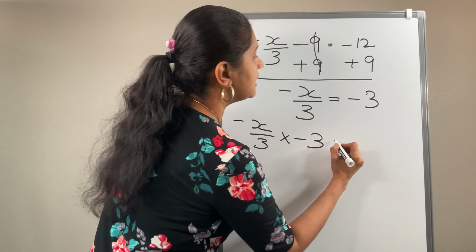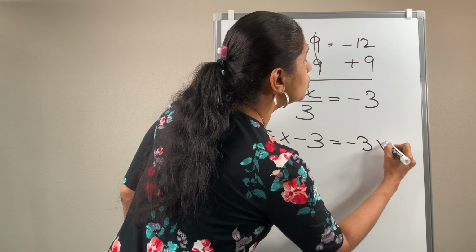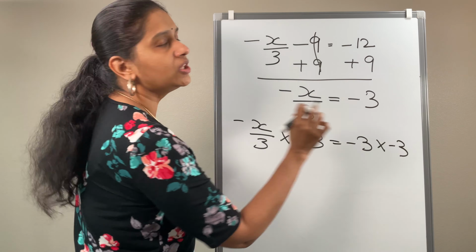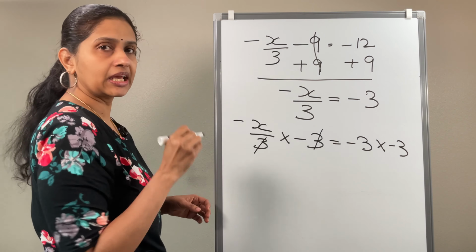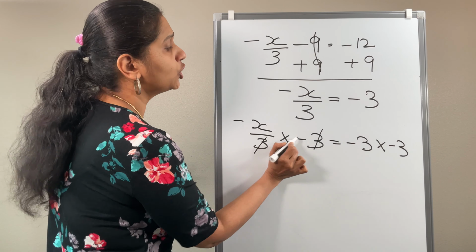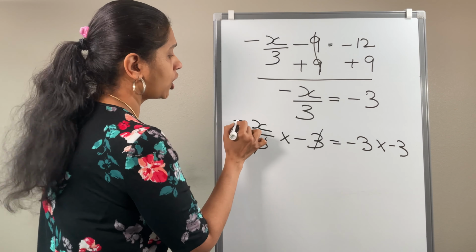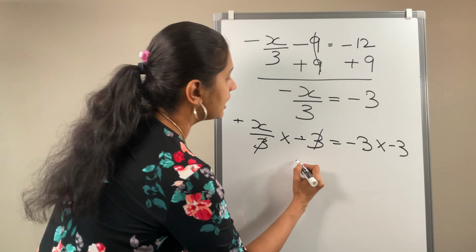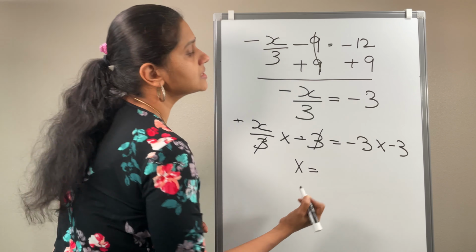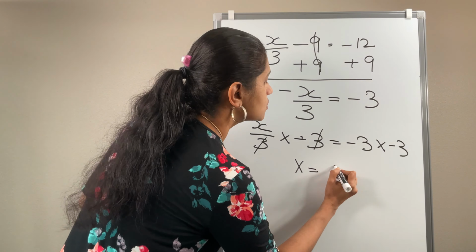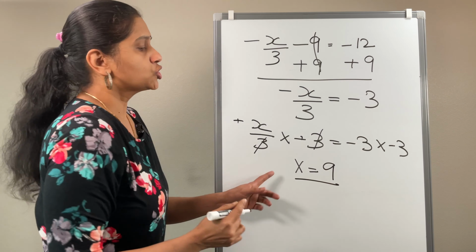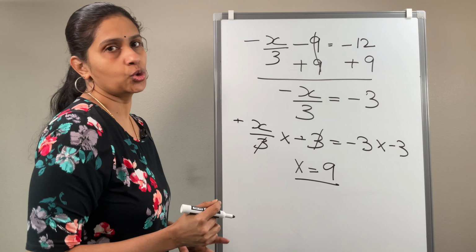So you have to multiply by negative 3 on both the sides. Now this 3 and this 3 will get cancelled out. This negative times negative will become positive. So you are left with the variable x which is equal to negative 3 times negative 3, that is going to be equal to 9. So x equal to 9 is the solution.